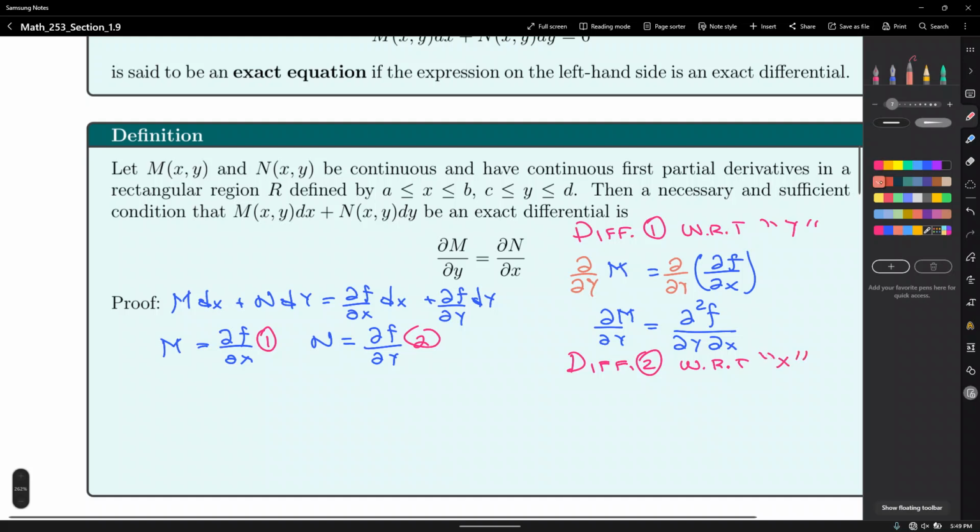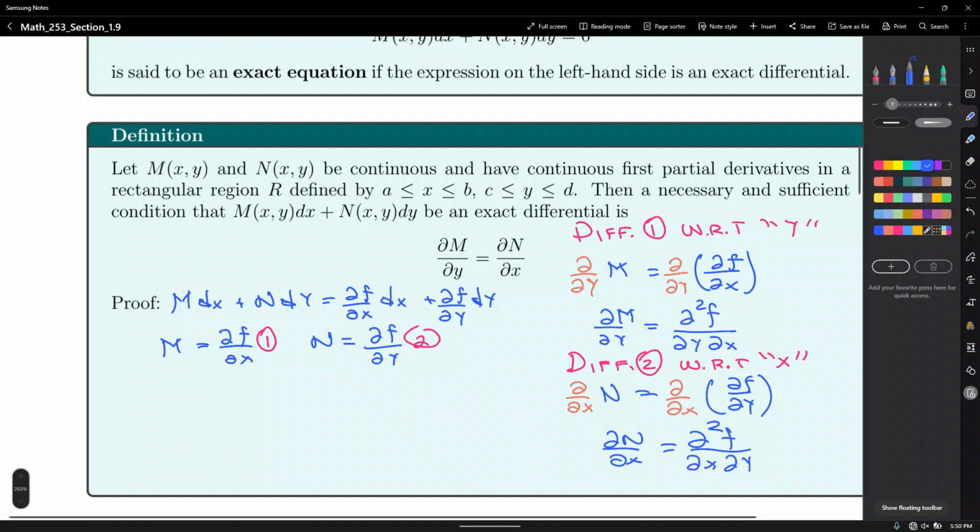So we differentiate N with respect to x, and that equals the partial derivative with respect to x of the partial of f with respect to y. This means the partial of N with respect to x equals the second derivative of f, first with respect to y and then with respect to x.